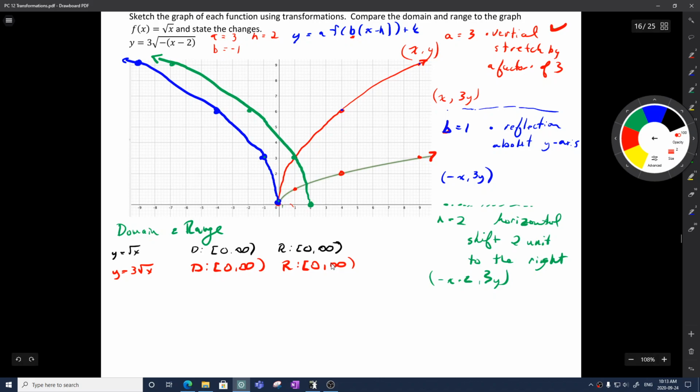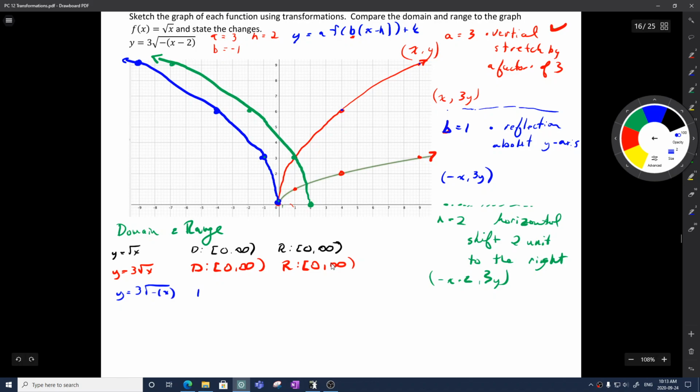Now, let's do the b transformation. So here, y is equal to 3 the square root of bx, right? That b is right in front of that x. So what did this do? This reflected about the y-axis. And in point notation, we multiplied the x values by -1. So we can almost just multiply our domain by -1.